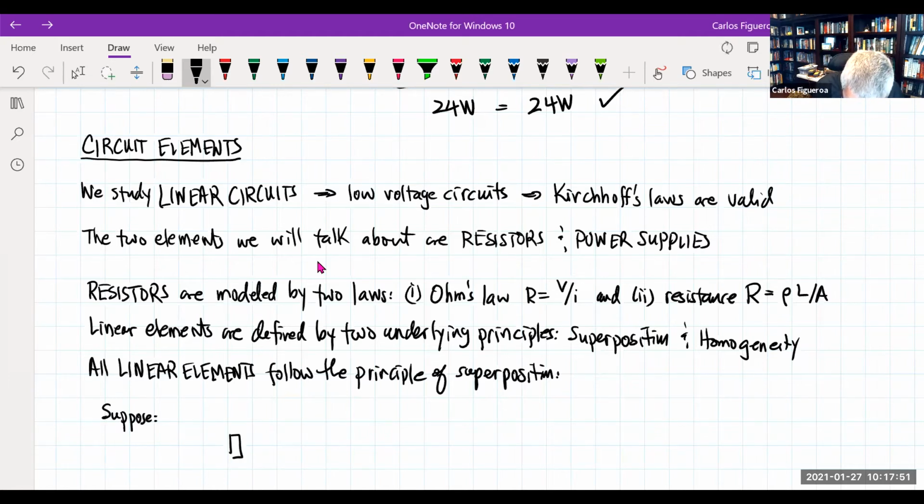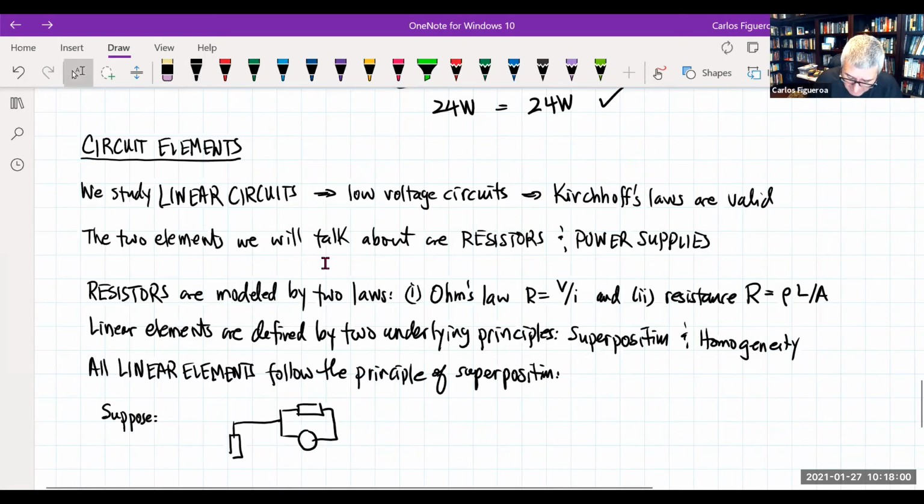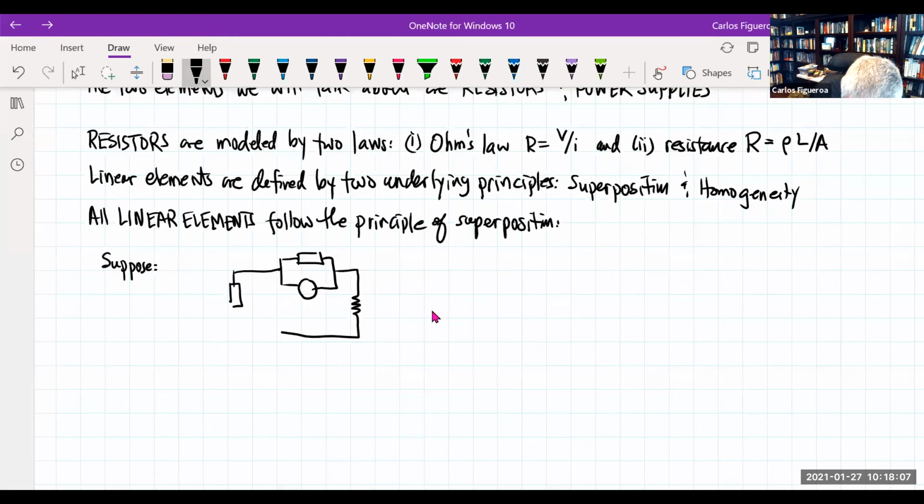So I have some element here, and then I have this other element here, and then here I'm going to say that I have some voltage source, which I'm going to call V1.